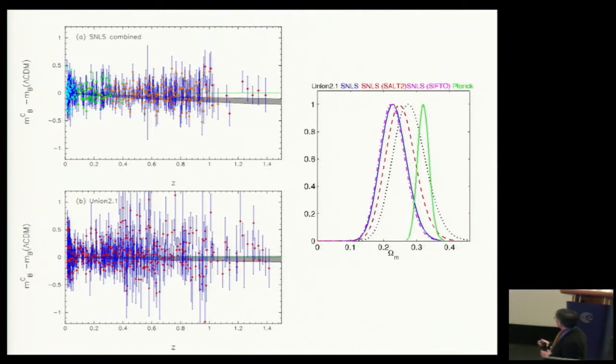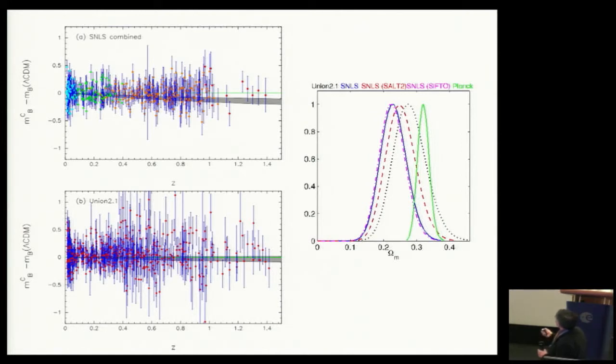This shows posteriors for omega matter. So in the base cosmology, we can use this to constrain omega matter, or equivalently omega lambda. And this is the Planck posterior. And so again, you see with the SNLS sample, it's discrepant at almost the 2 sigma level.